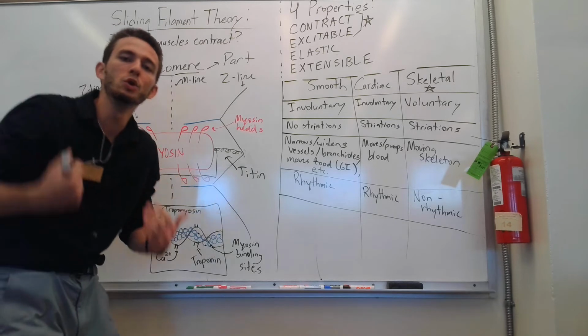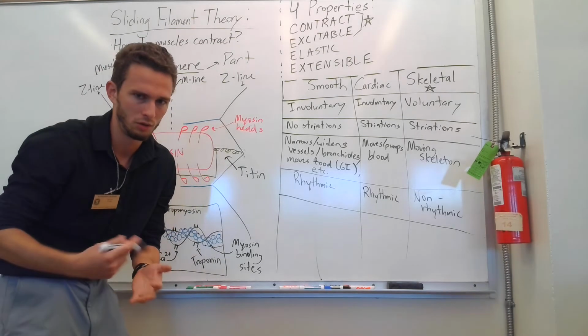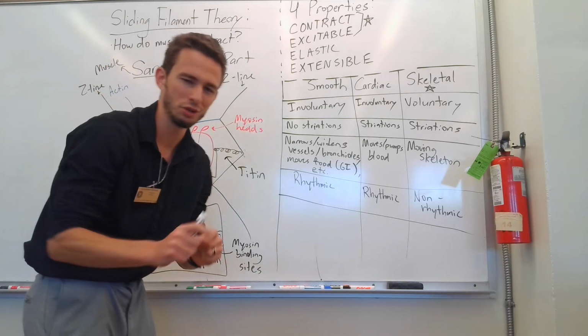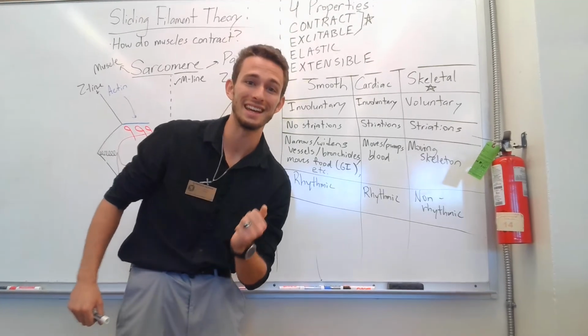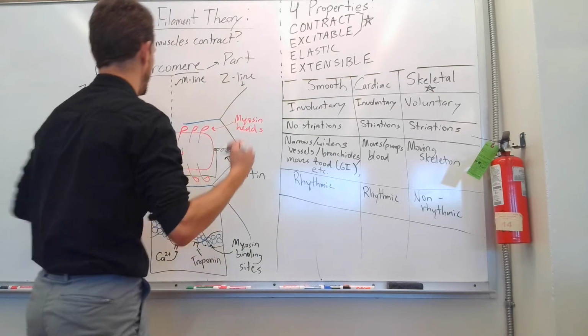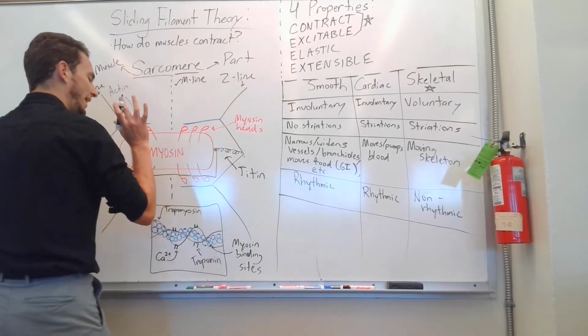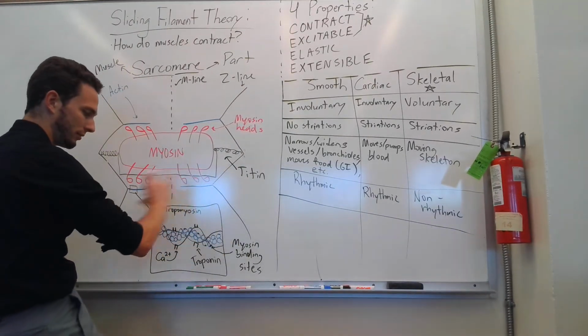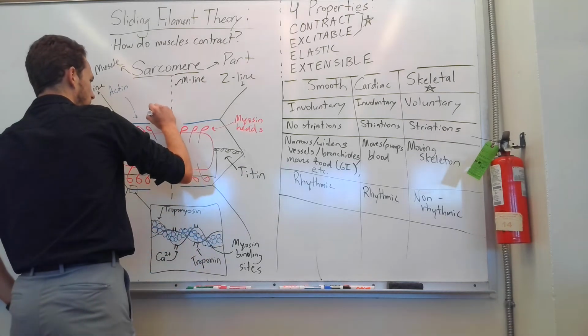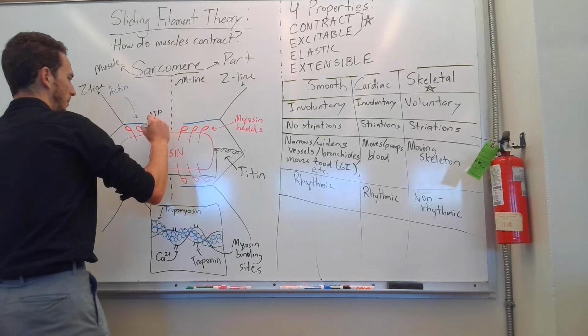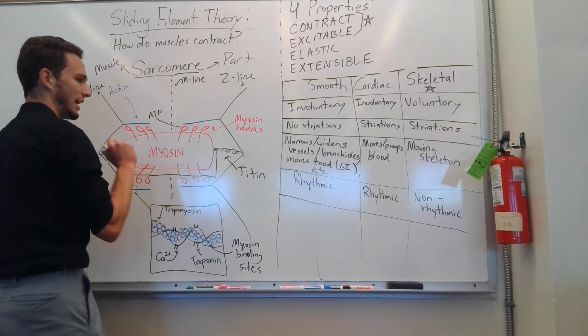Now, whenever we're moving something in the body, when we're doing work, we usually need one very important molecule that I've harped on frequently, and that's ATP. Remember, the energy currency molecule for the cell. So what happens before this all occurs, before it contracts, ATP will bind to the myosin heads and get hydrolyzed.